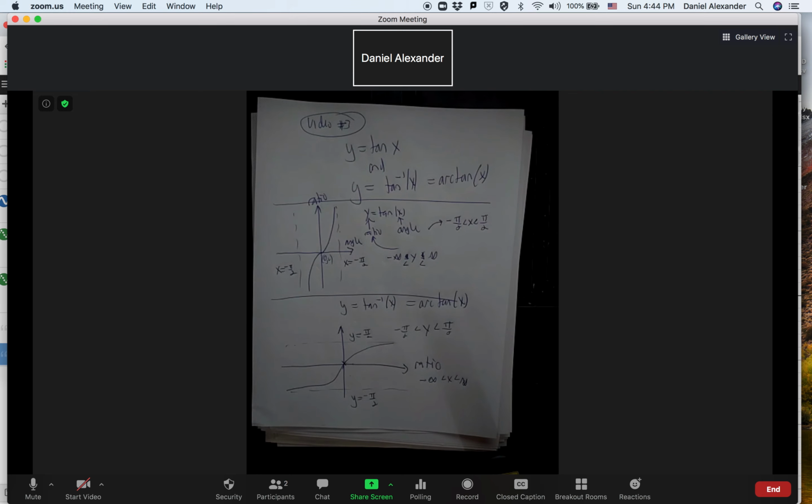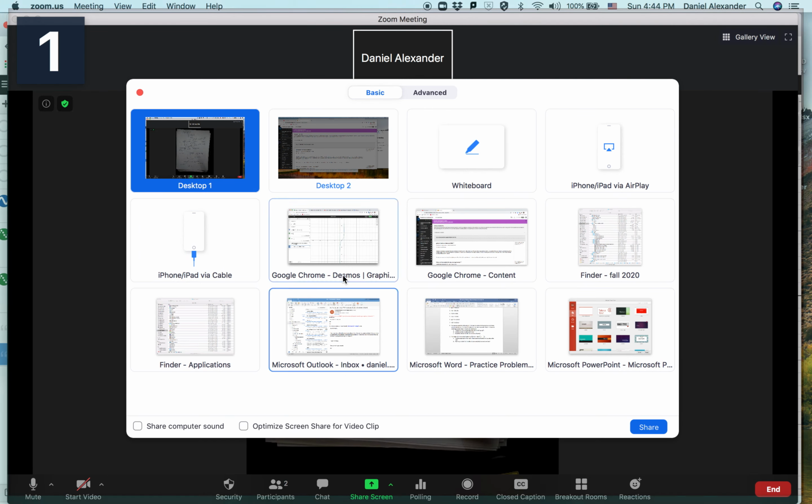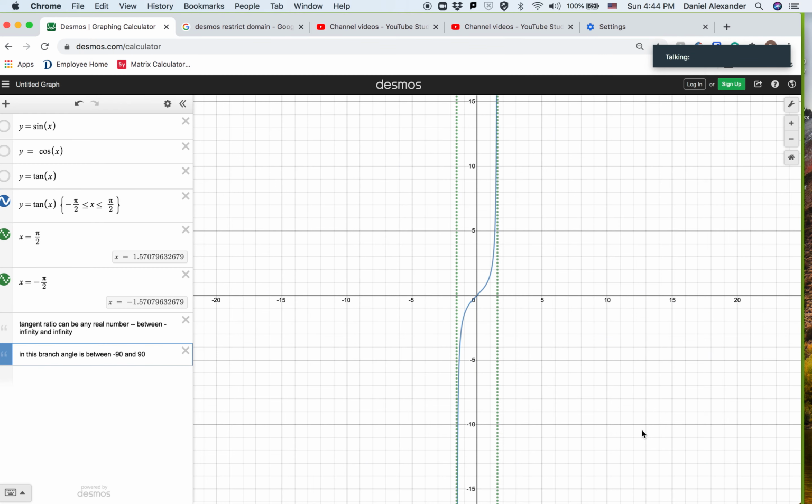Okay, let's go back and do a share, just to graph it on Desmos. So there is our graph of the tangent. Let's look at the tangent function, and the inverse tangent, tangent minus 1 of x, and let's put in horizontal asymptotes, y equals pi.